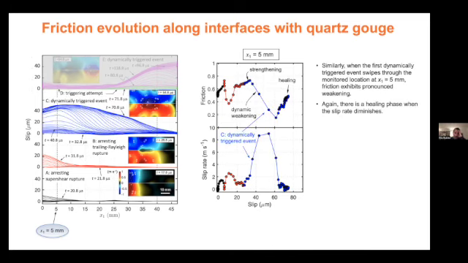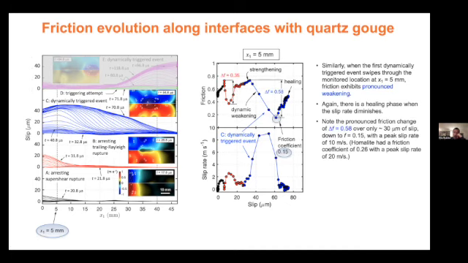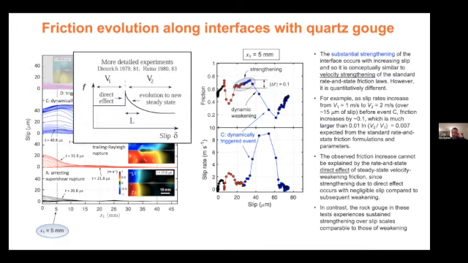Then with the third event here, I'll emphasize this one in blue, we have similar stories: strengthening, weakening, and then healing. But note that the drops in friction are pronounced, so they are not consistent with just logarithmic weakening. The other thing to observe is also the strengthening that occurs from event to event.